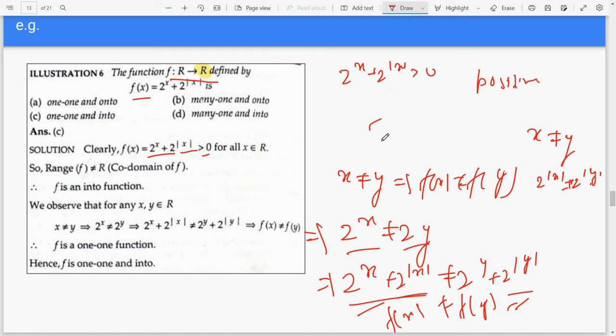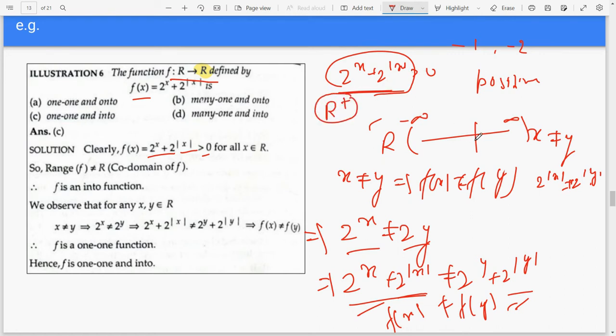R is actually the real numbers, starting from minus infinity to infinity. But for any value you put, let's say you put x = -1 or x = -2, obviously we are going to get only a positive value. So it means you are going to get only R plus, the positive values; the negative part you are not going to get. So obviously it is defined from R to R, but there are some values in the range which you cannot get from the domain.